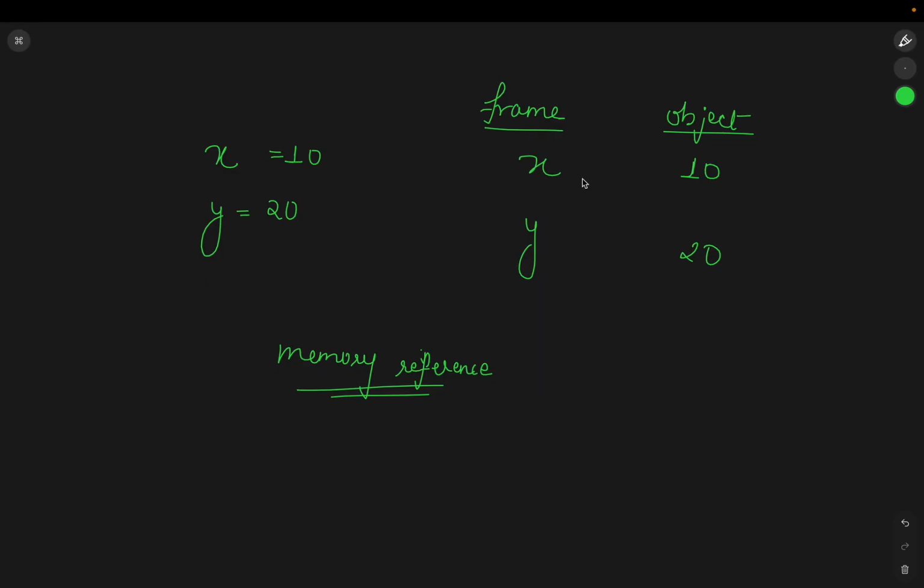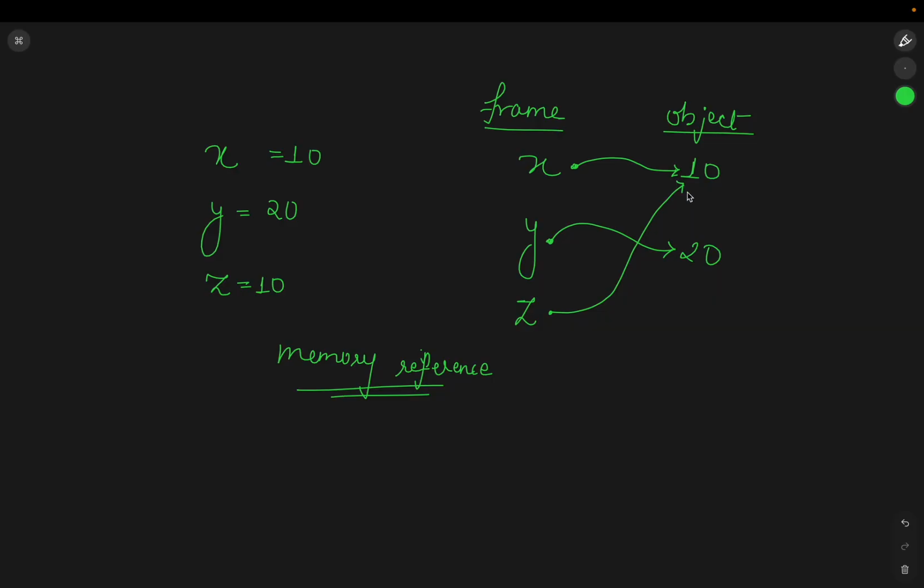Which means x is giving a reference from the frame to the object side, and y is also giving a reference from the frame to the object side. Also understand one thing: suppose in the near future z = 10 is also declared. So what will happen? In the frame section, z will appear, and in the object section, do you think 10 will appear again? No, it will create a direct reference to the previously declared 10.